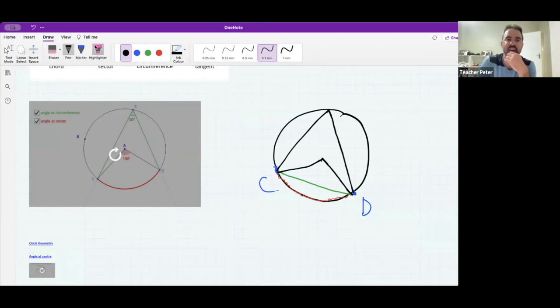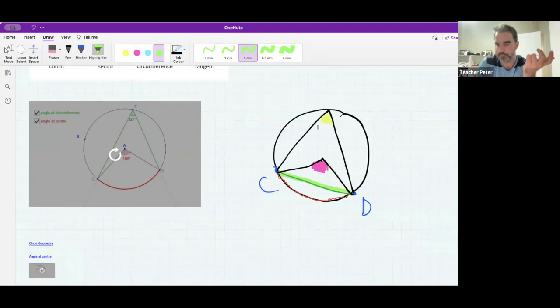And there is a relationship in circles between the angle at the center and the angle at the circumference. And so that's what we're going to have a look at. The fancy word that they often use is that the arc CD or the chord CD subtends an angle at the center, which is the pink one, or it subtends an angle at the circumference, which is the yellow one.